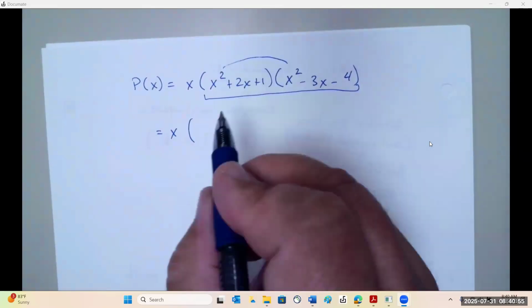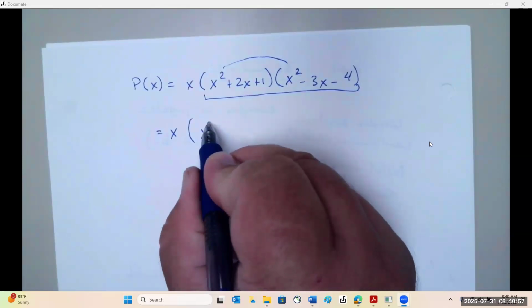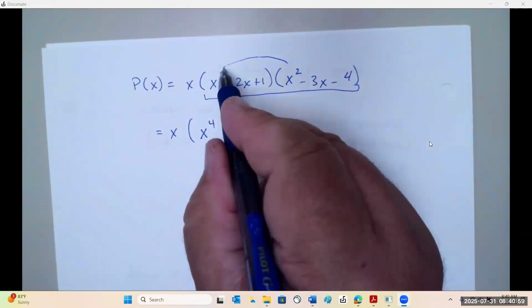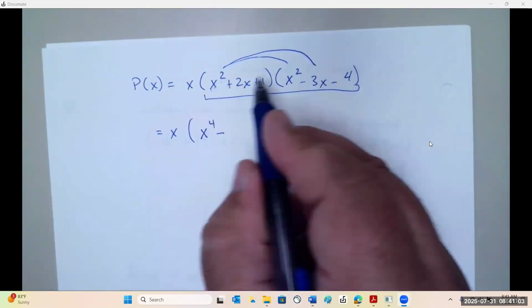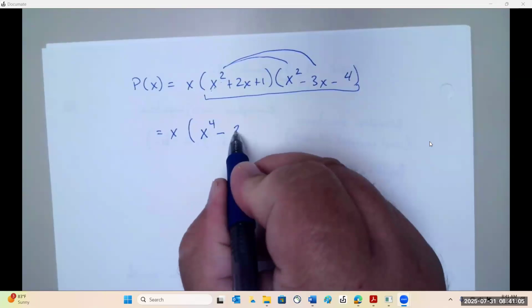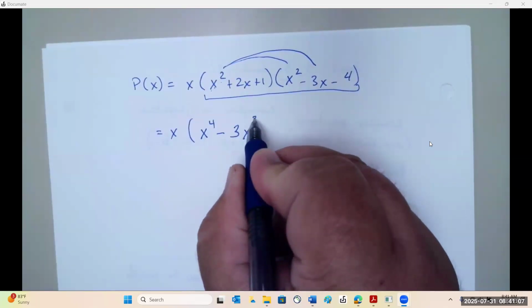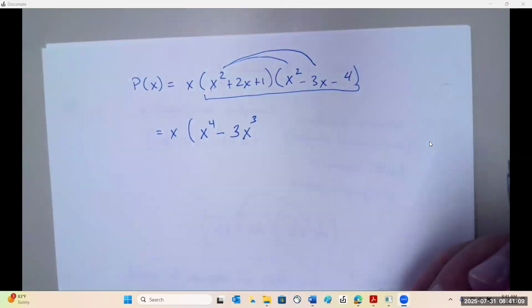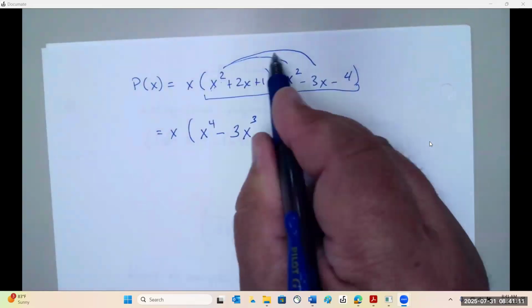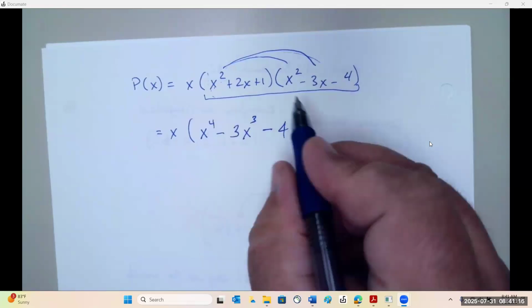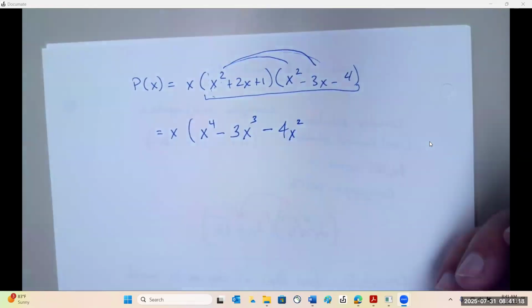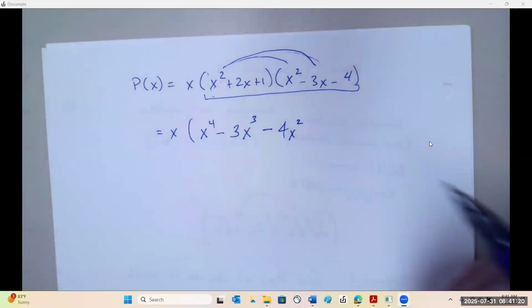X squared times x squared is x to the 4th. Positive times negative is negative. X squared times x, there's 3, it makes it x cubed. Positive times negative is negative. 1 times 4 is 4, x squared. That does it for that one.